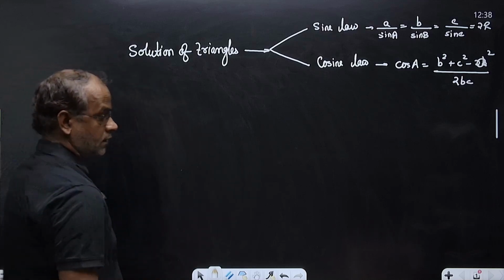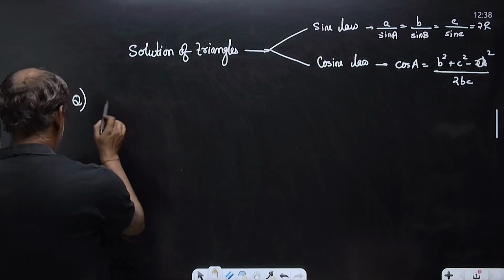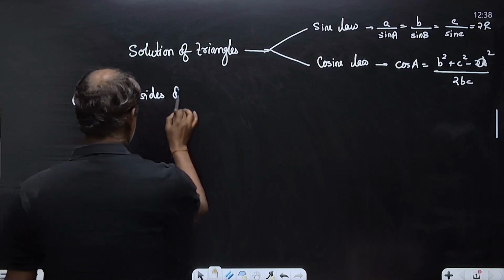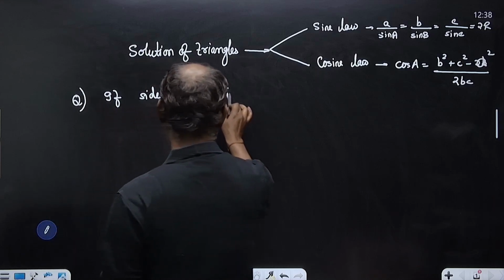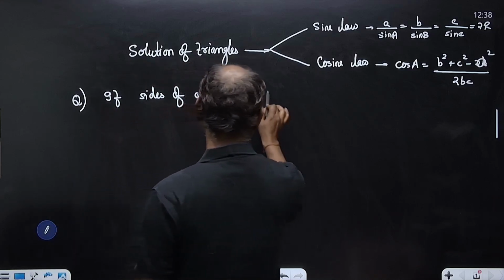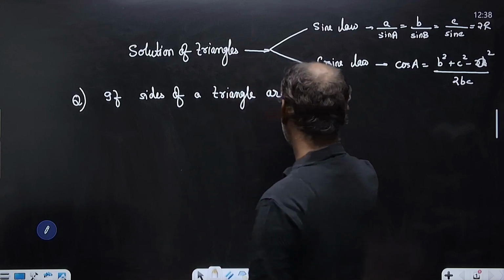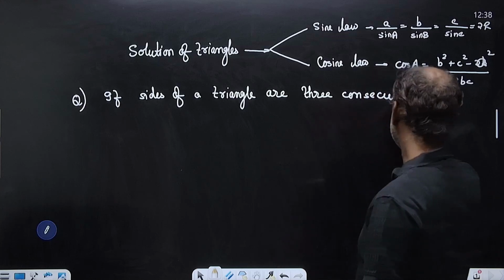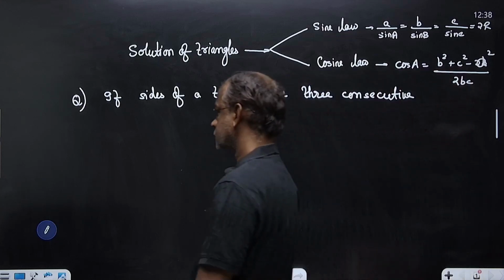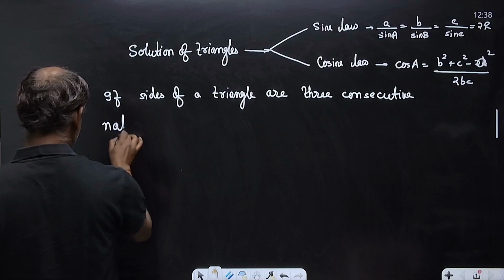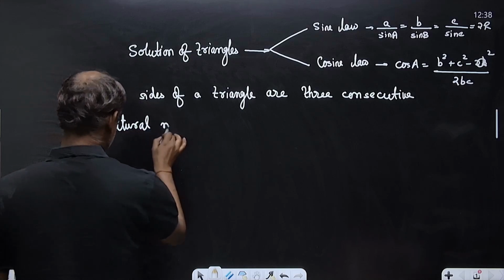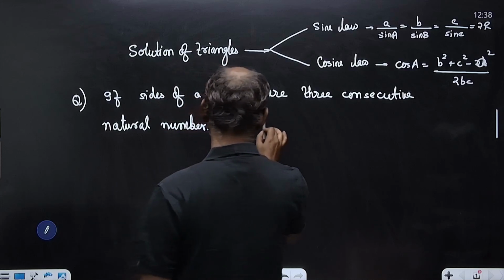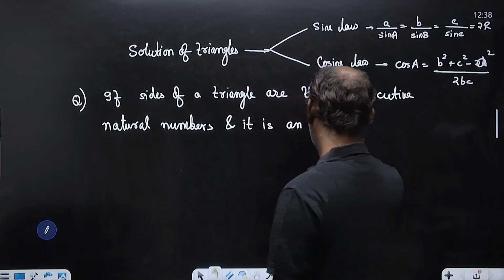insofar as triangles were concerned was: the sides of a triangle are three consecutive natural numbers, and it is an obtuse angled triangle.